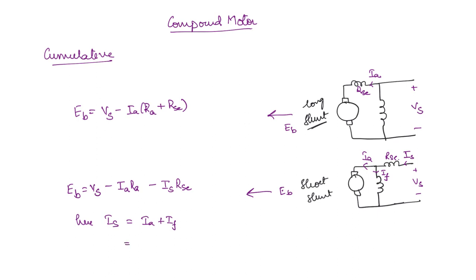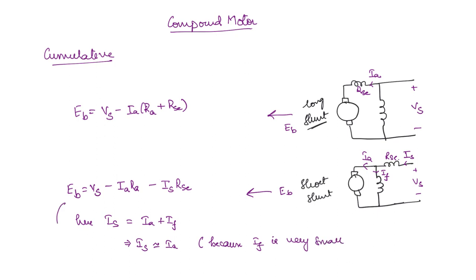IF is going to be very negligible because the resistance of the shunt winding is very high, so the shunt field winding draws very little current. So you can approximate IS as equal to IA because IF is very small.